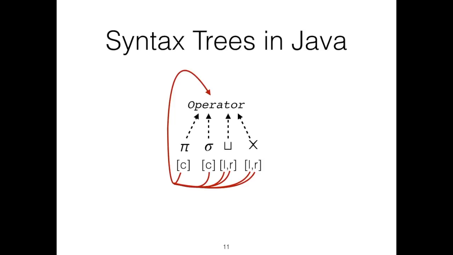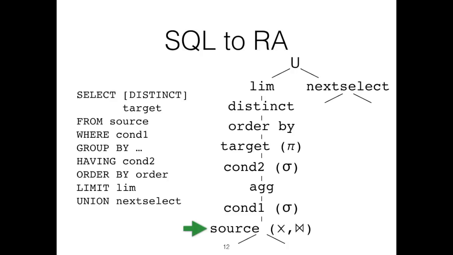Okay, so we got the fundamentals, we got the basics. How do you actually do the translation? Short version, this slide. This one slide gives you everything that you need to know about translating SQL to relational algebra.